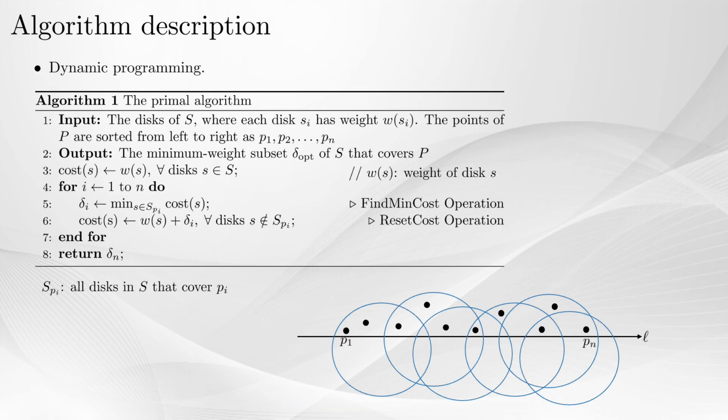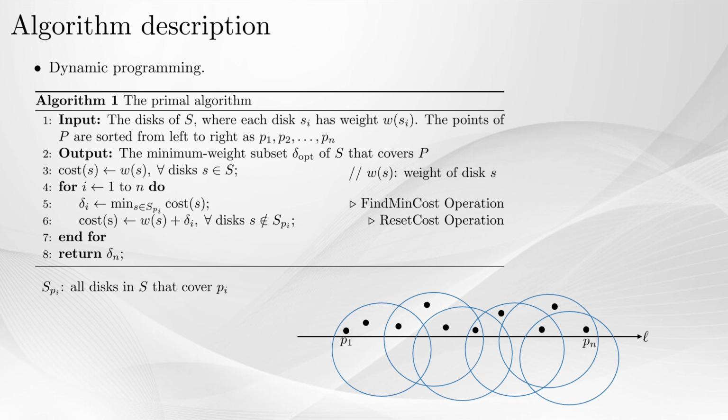Let's talk about our algorithm description. We essentially use dynamic programming. For the input, we have disks of S, where each disk Si has a weight WSi, and the points of P are sorted from left to right as P1 to Pn.